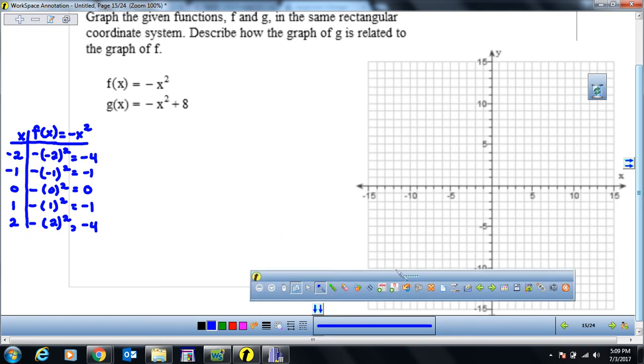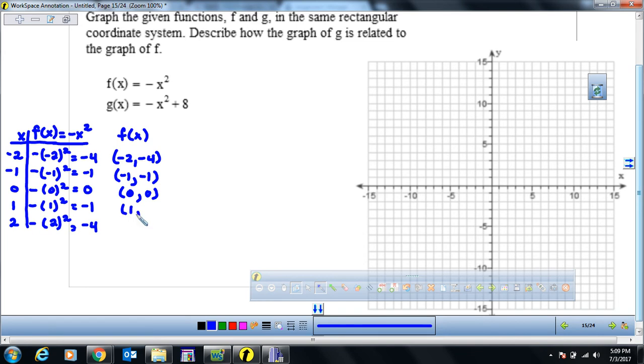Now that means that for the function f of x, we get the points (-2, -4), then (-1, -1), (0, 0), (1, -1), and (2, -4). So let's graph that function. So (-2, 4) is located right here. (-1, 1) is here. (0, 0), then (1, 1), and (2, 4).